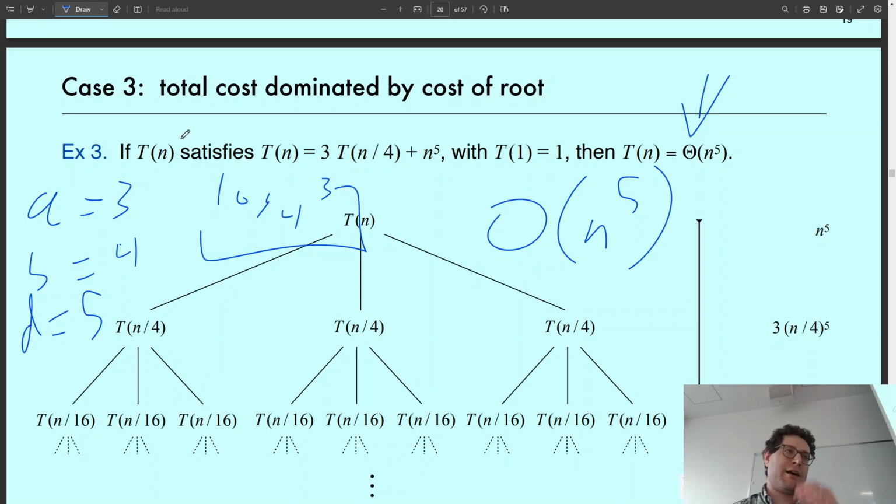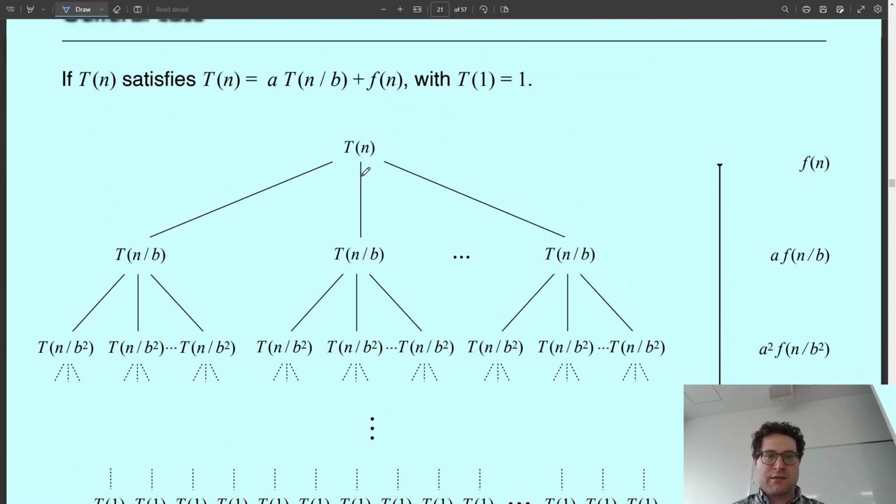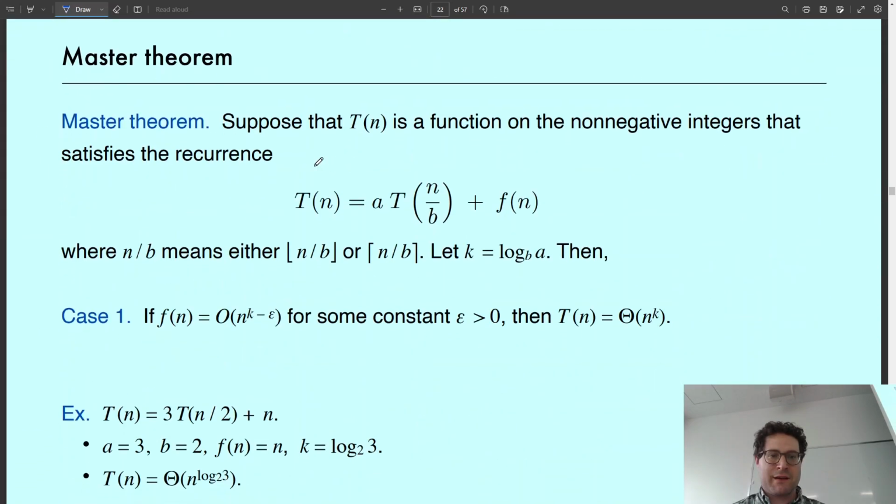Again, we're using a simplified kind of formula that works for these divide and conquer algorithms, because here are the more general cases they have. Here's how they write case 1. If f of n is O of n to the k minus eta for some constant eta greater than 0, then T of n is big theta n to the k.